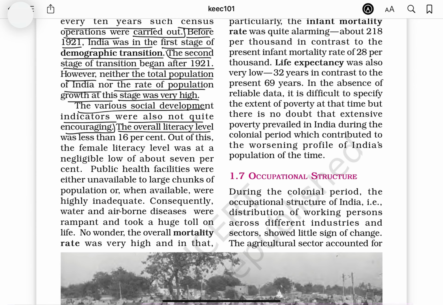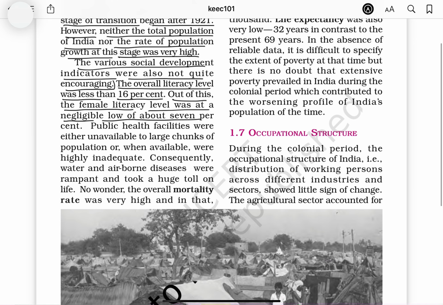The overall literacy level was less than 16%. Out of this, the female literacy level was at a negligible low of about 7%. Public health facilities were either unavailable to large chunks of the population or, when available, were highly inadequate. Consequently, water and airborne diseases were rampant and took a huge toll on life.